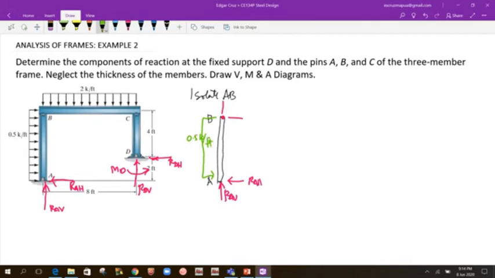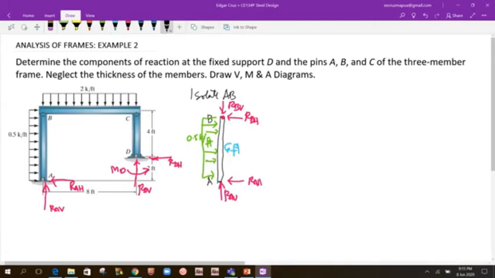Since the uniform load is to the right, the reaction at B would most likely be to the left. Let's say RB horizontal, and RB vertical downward. The length is 4 feet here and 2 feet here, so a total of 6 feet.